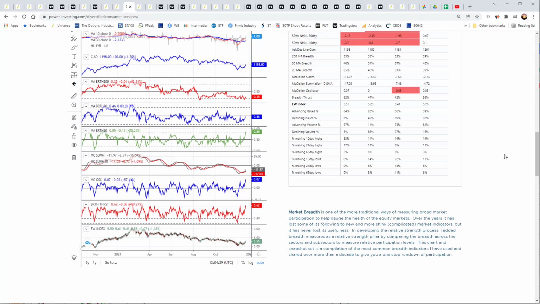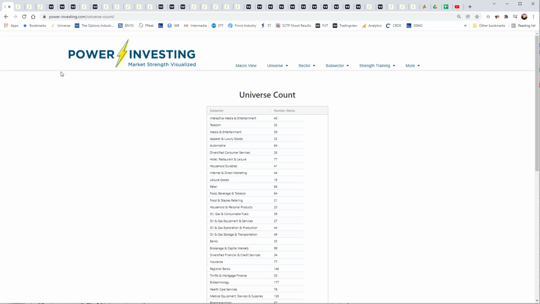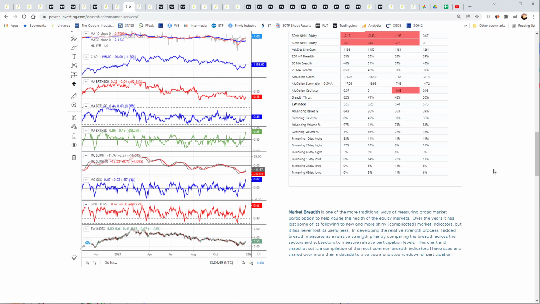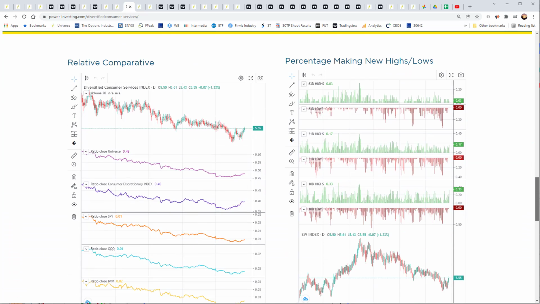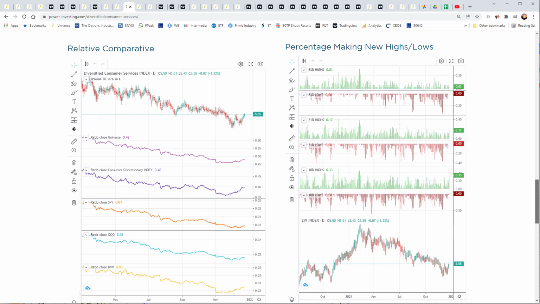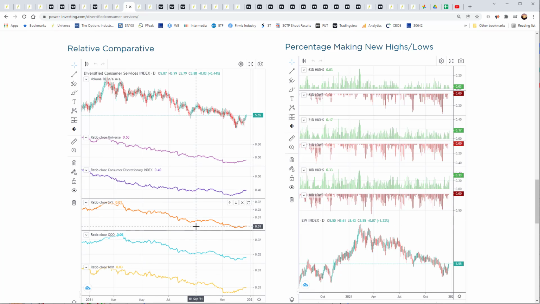Now, again, we always want to take note of how many companies are in this. When we look at Diversified Consumer Services, there are 26 different companies in this, so the percent over the 20-day is going to move a little quicker than something like Biotechnology that has 177.